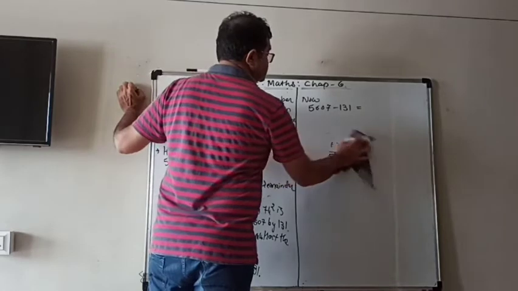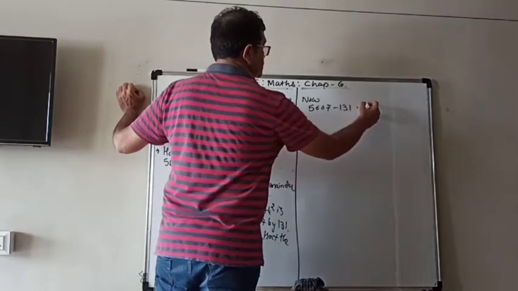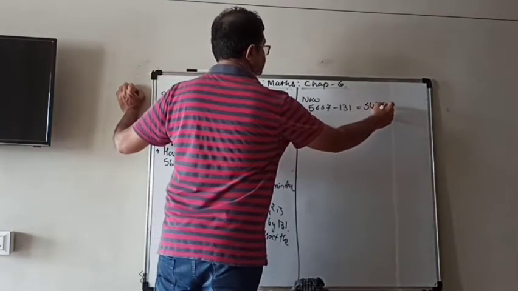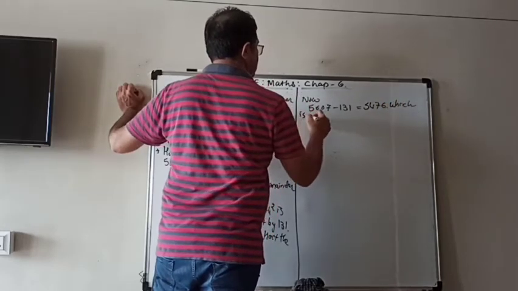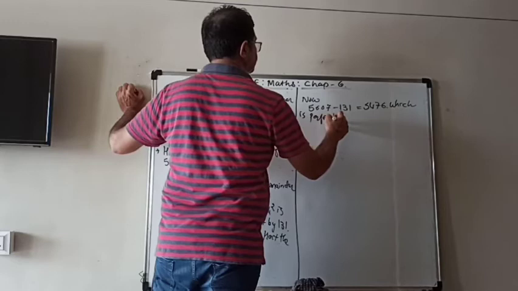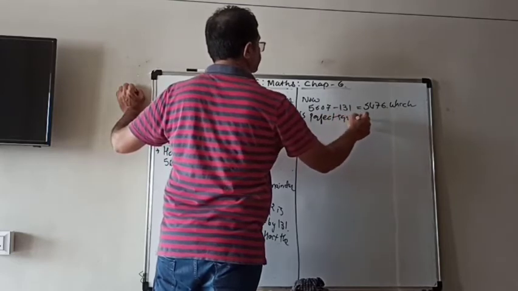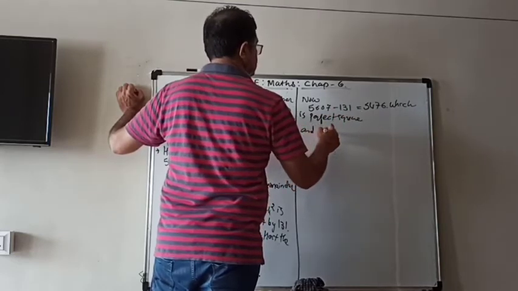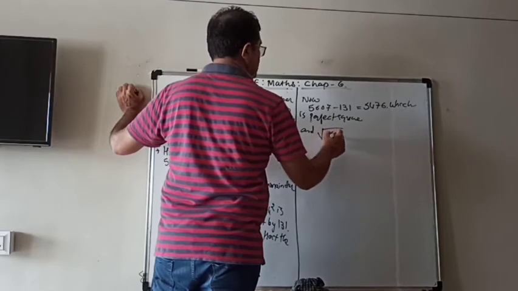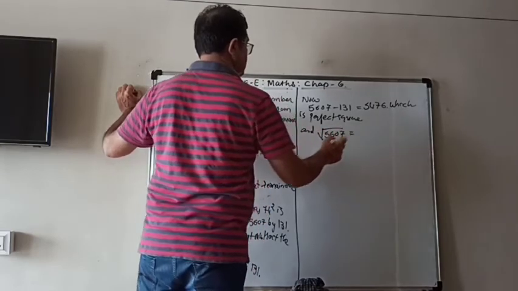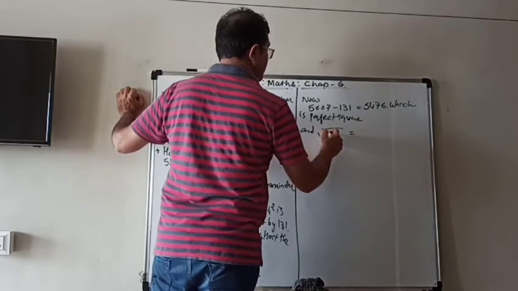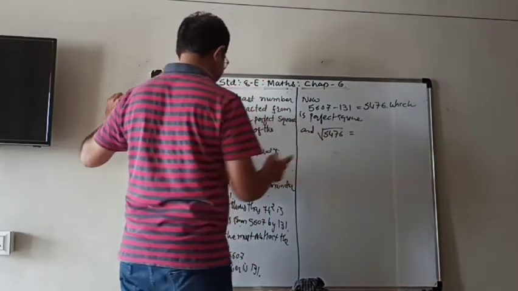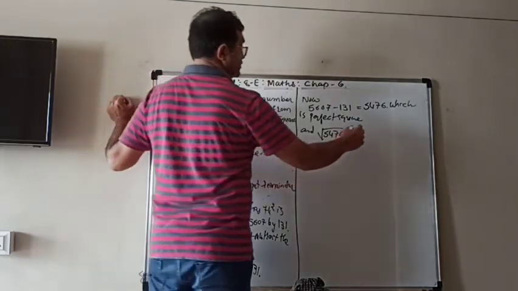So the subtraction gives 5476, which is a perfect square. And the square root of the new number we get, 5476, is thus 74.